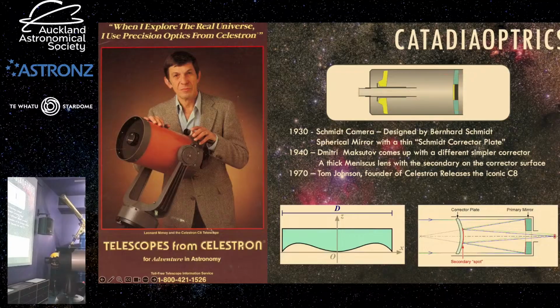But I guess some of the areas where it wasn't is because they do tend to have longer focal lengths, not quite as useful for wide field. So a lot of astrophotographers still use Newtonians because you can get a fast wide field Newtonian, where it's hard to get a wide field fast Schmidt-Cassegrain. And more expensive.